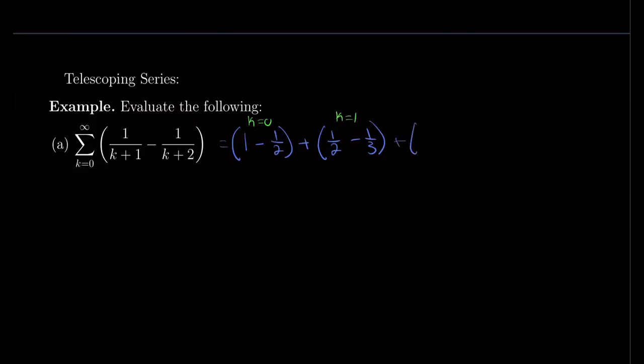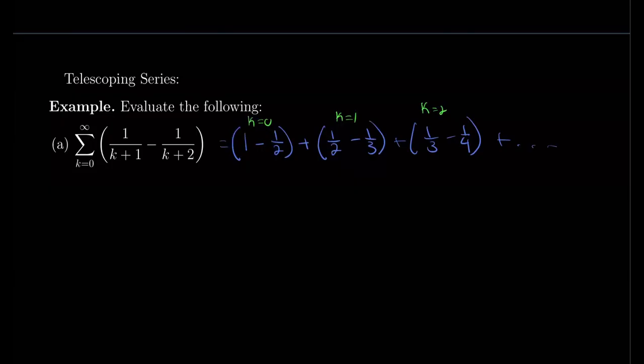And then plus, now I'm going to plug in k equals 2, and I got 1/3 minus 1/4. That was me plugging in k equals 2, and I could do that all day long. What makes this a telescoping series is some of the terms are canceling. Certainly not all of them, but some are. That's what makes this telescoping.